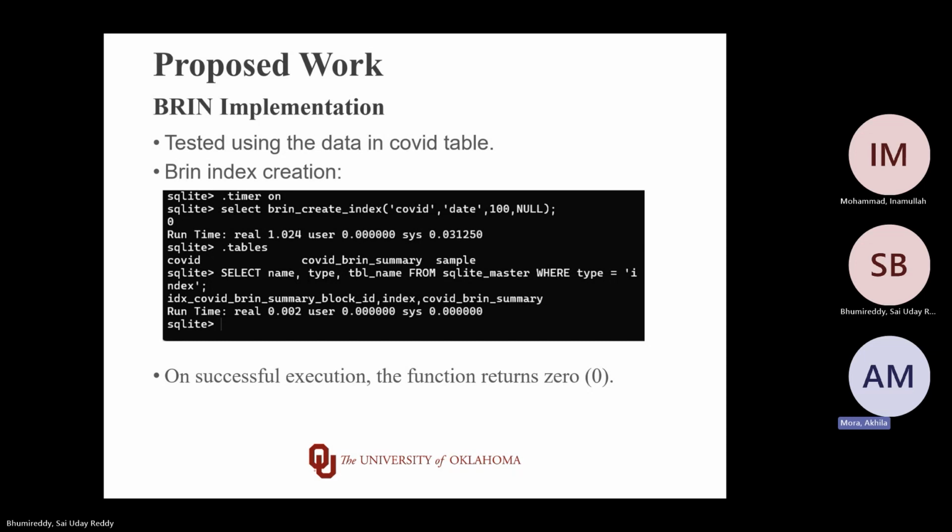Once this was created, in the tables you can see one more new table, which is COVID underscore BRIN underscore summary. This table contains the summary information of the COVID table. It contains the minimum and maximum values of each block along with the block ID. And on successful execution, the BRIN create index returns 0.